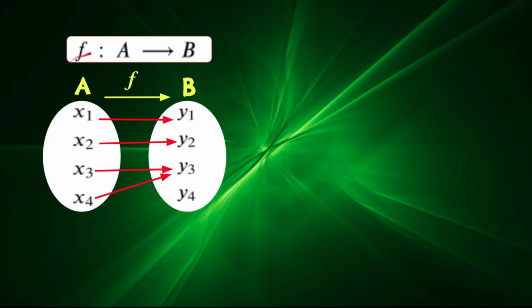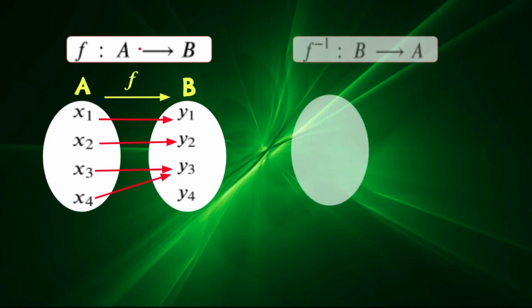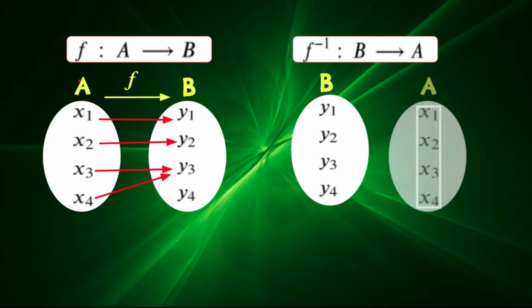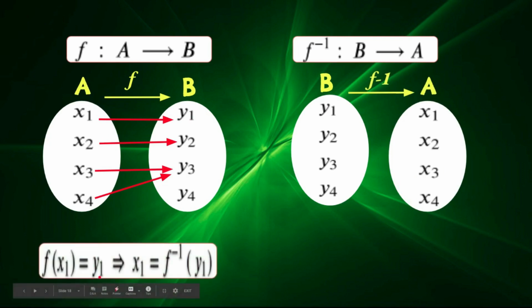So clearly, f from A to B is a function, then f inverse is from B to A. Is it a function or not? See, f inverse from B to A. This is B, which contains y1, y2, y3, y4, and A contains x1, x2, x3, x4. Here x1 maps to y1, that means f of x1 equals y1.